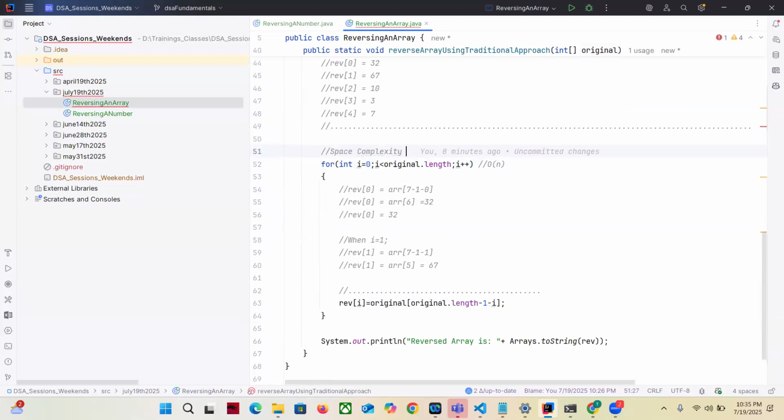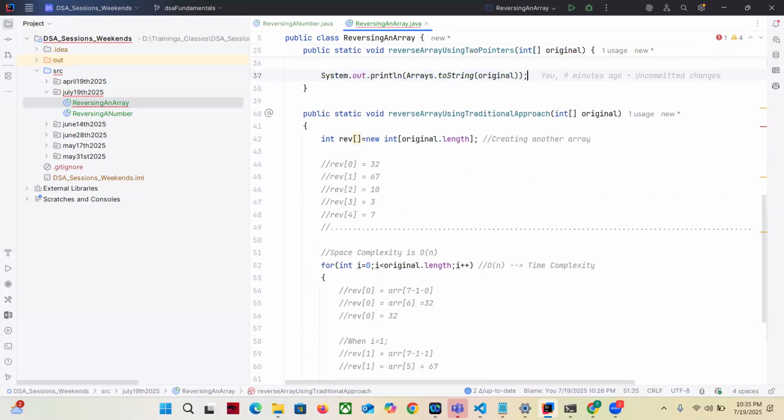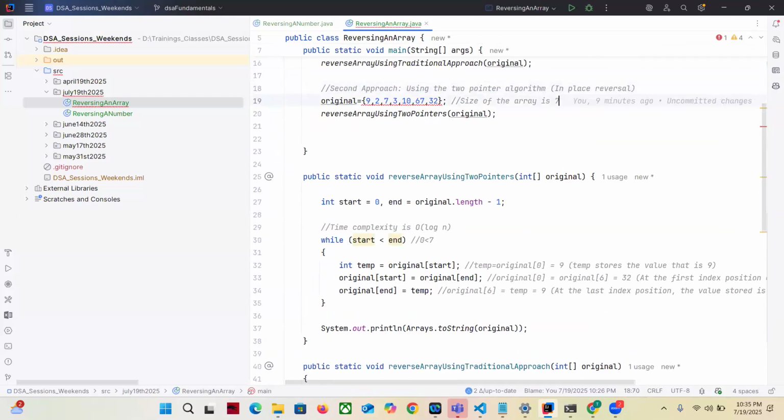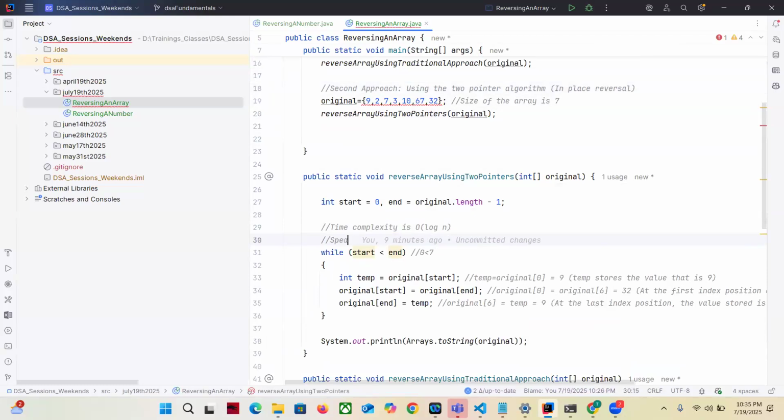Why do we say O of n? Because I have to store it in a new array. This is the time complexity. Clear? Space complexity is O of 1. Why is it O of 1? Because we are modifying the same array only. Clear?